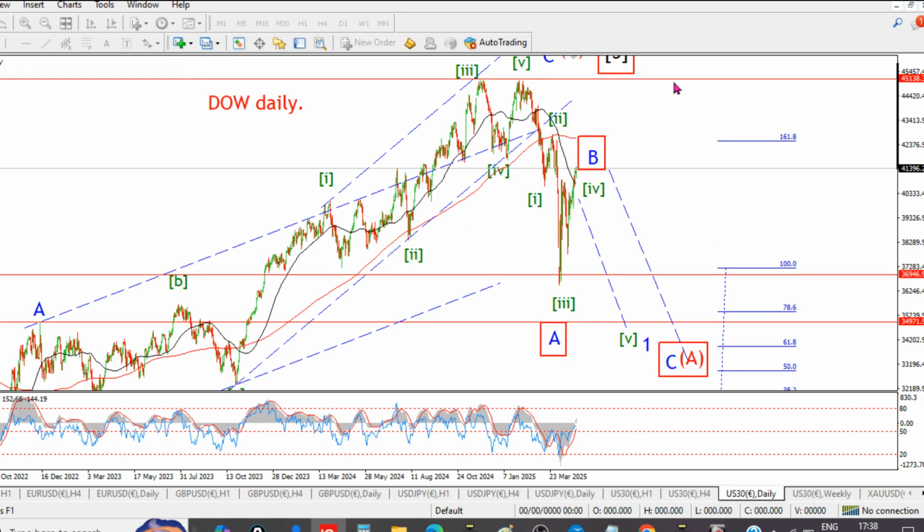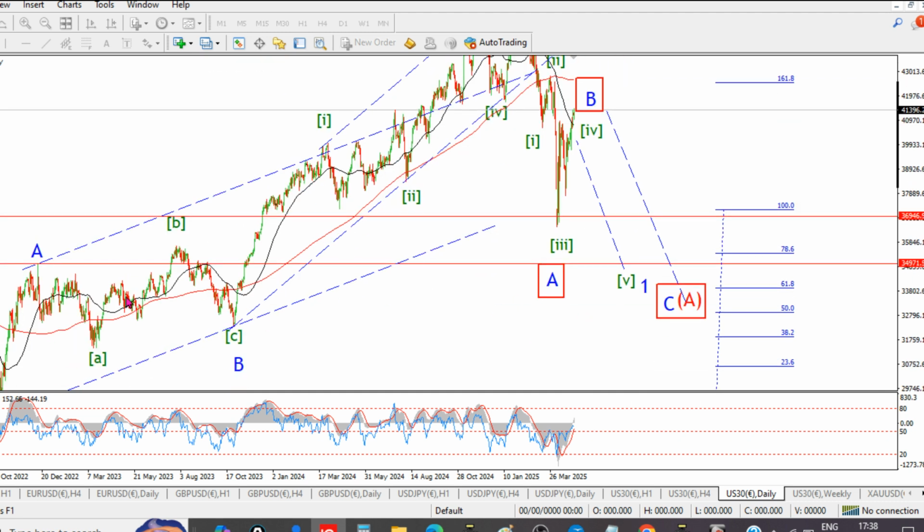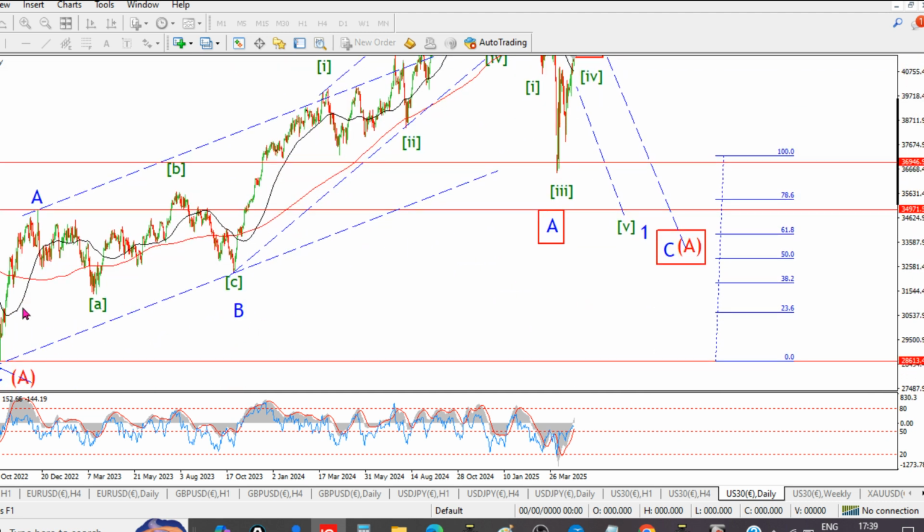Okay, this is the daily count in the Dow, looking at an ABC pattern down in a large A wave. That A wave will probably push towards 30,000 again. We seem to have a series of supports down around there, between, let's say, 31,500 and 28,600.